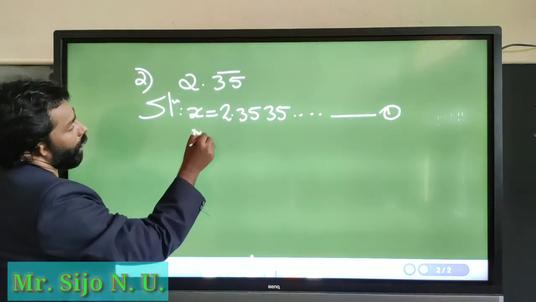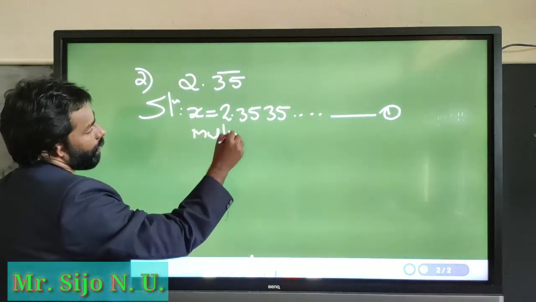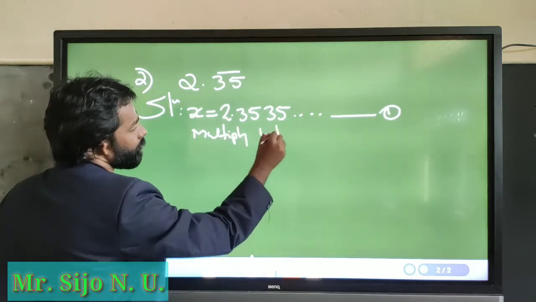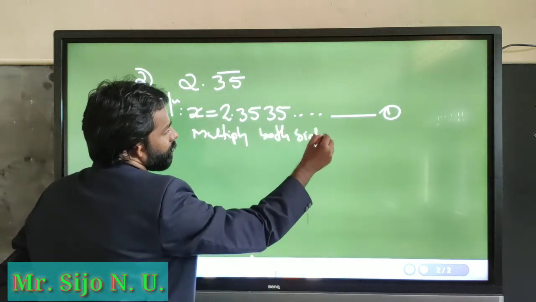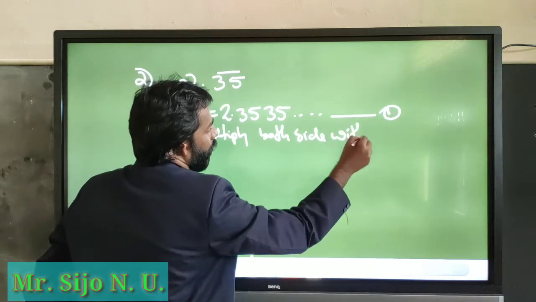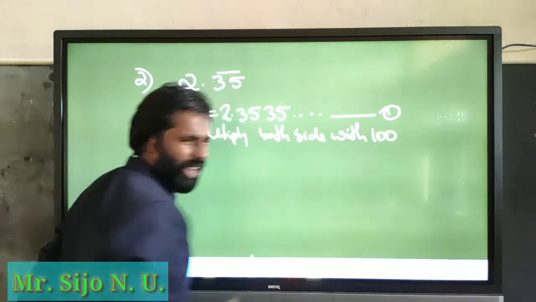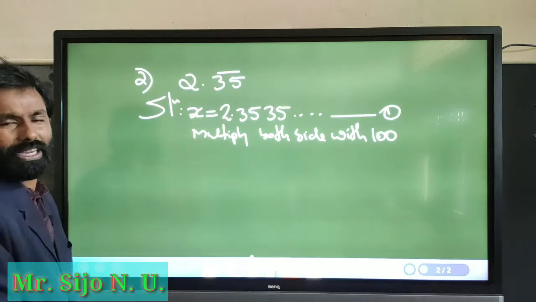Multiply both sides with 100. Why 100? Because 2 digits are repeating.